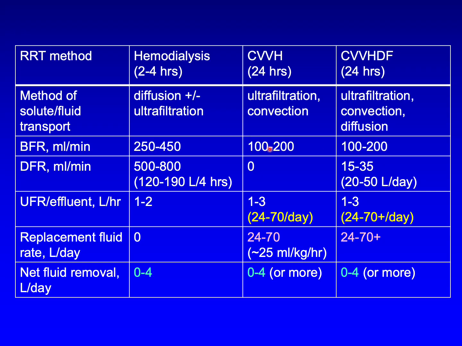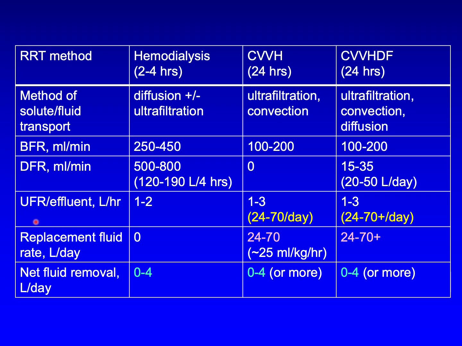Notice that the blood flow rates in the continuous therapies are lower than with hemodialysis because these ones run over a much longer period. The dialysate flow rates are also much lower with CVVHDF than with hemodialysis, because again, this is a 24/7 therapy and this one is done in 4 hours.